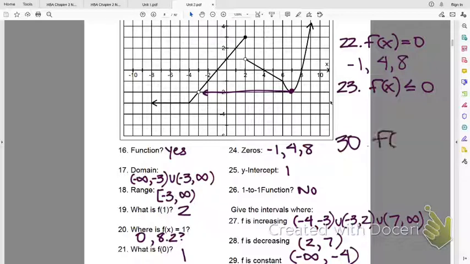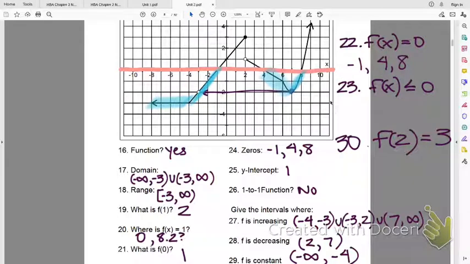F of 2 is going to be the closed dot, which is 3. And then 23 is similar to the previous page where we did that section where f of x is greater than 0. This one is f of x is less than or equal to 0. This time it's equal to, so I can use brackets. So for 23, the section of the graph that is below that line is from here to here and this little section down here.